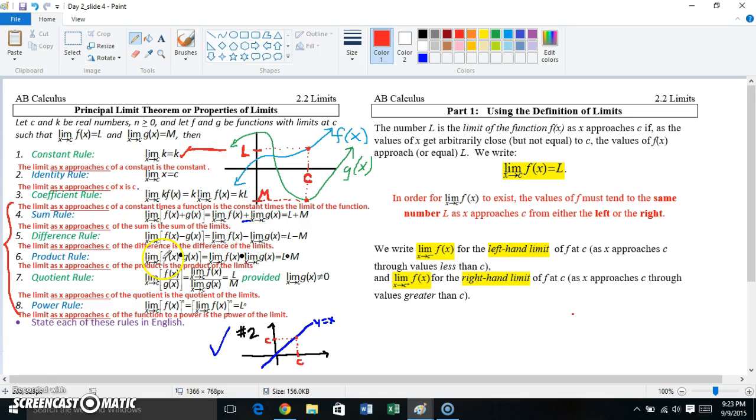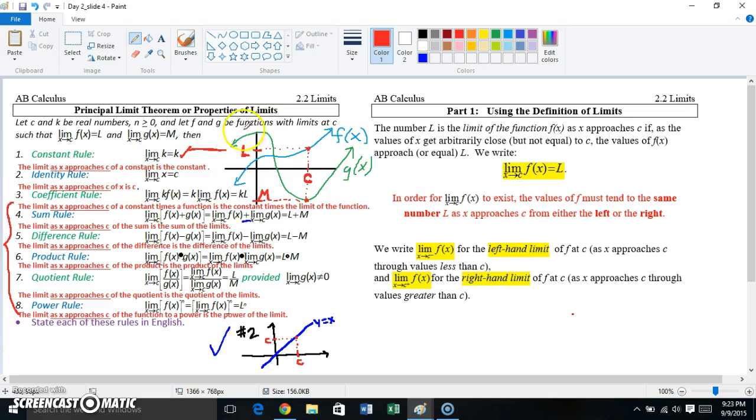The product rule, the limit of a product is the product of the limits. The quotient rule, the limit of a quotient is the quotient of the limits, provided the denominator is not 0. And the power rule, the limit of a function raised to a power is the limit of the function raised to the power.